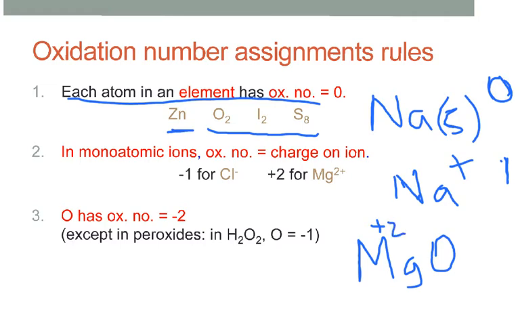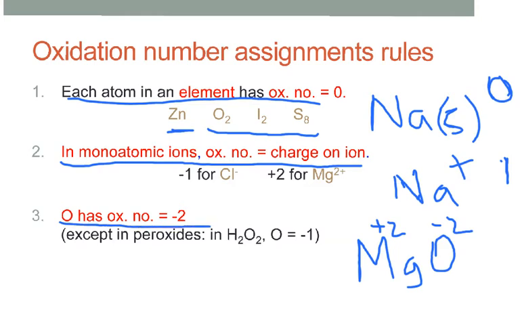Because this right here is an ionic compound. And so if we look at Rule 2, it says in monatomic ions, the oxidation number is the charge of the ion. Magnesium, right, it's 2+, so the oxidation number is going to be +2. And then for oxygen, the oxidation number would be -2, because oxygen has an oxidation number of -2.